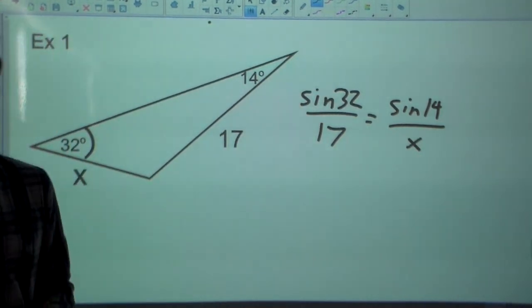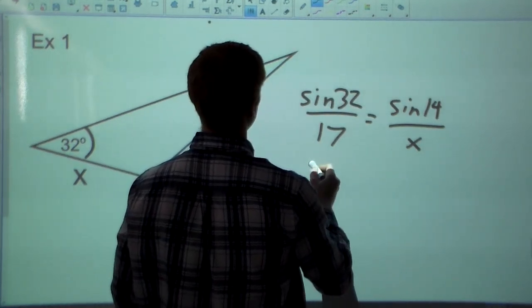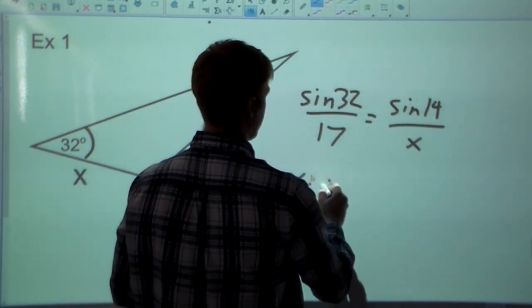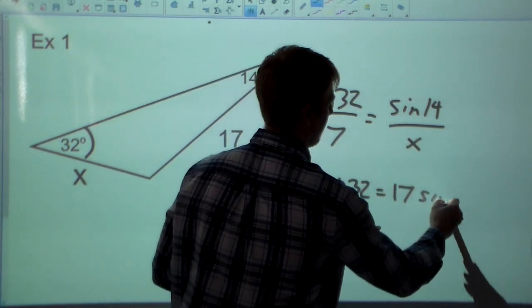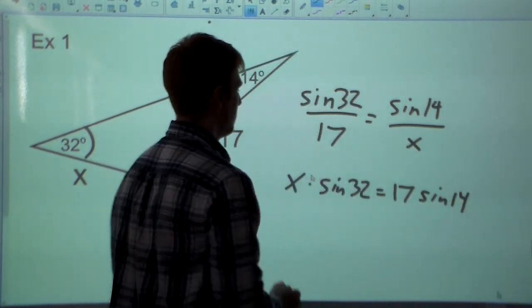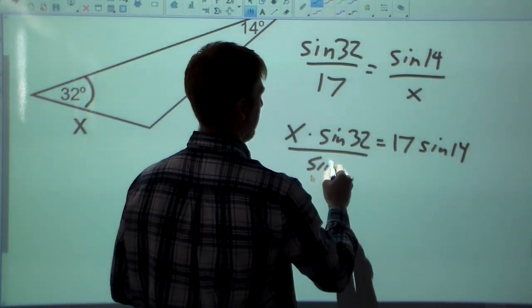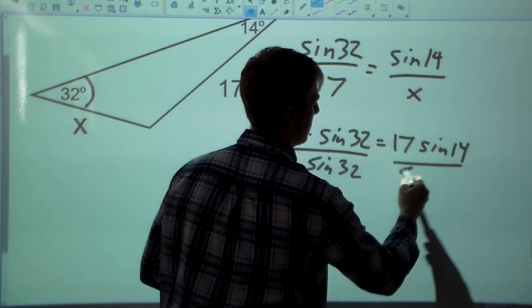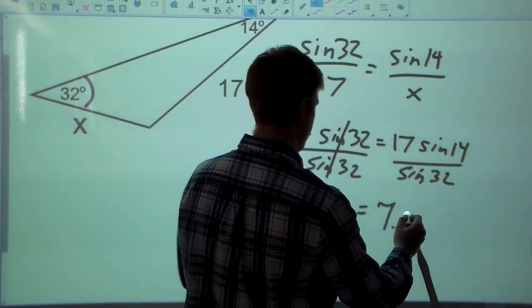Since it's a proportion, you can cross multiply, so x sine 32 is going to equal 17 sine 14. And to get x by itself, I divide by sine of 32. And I'm going to get 7.76.